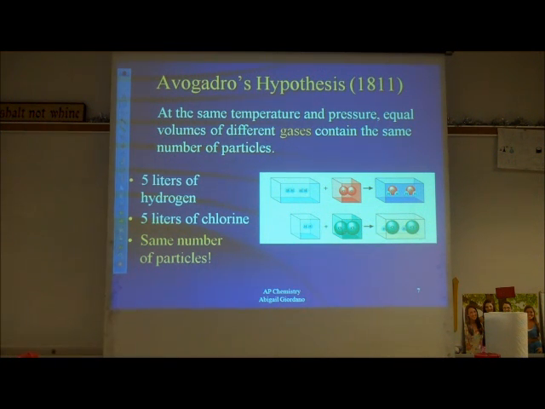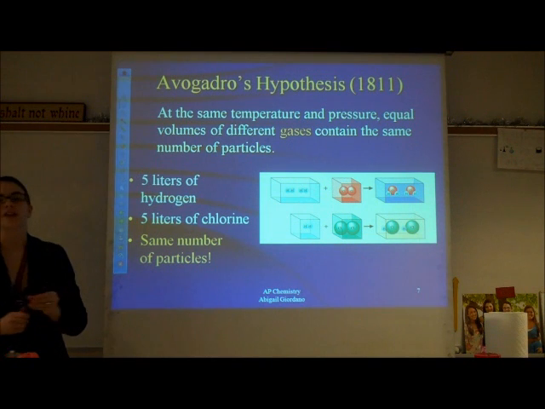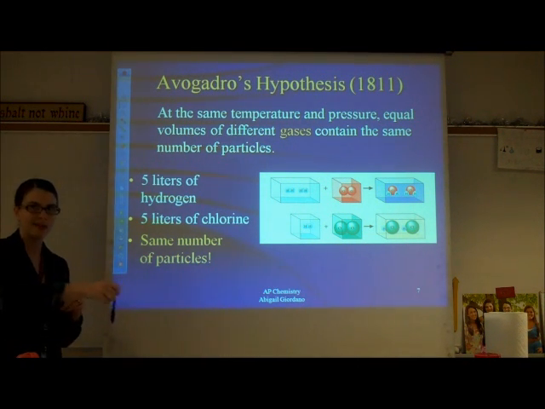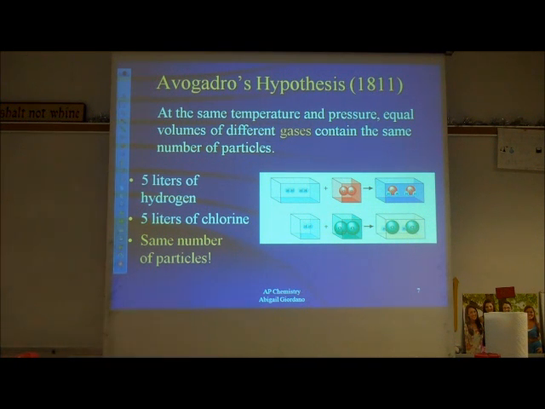22.4. I heard a couple of people say 6.02 times 10 to the 23rd. That's not a volume. That's a number of particles in 1 mole. And folks, Avogadro is responsible for saying if you have the same number of particles of any gas, they will have the same volume.